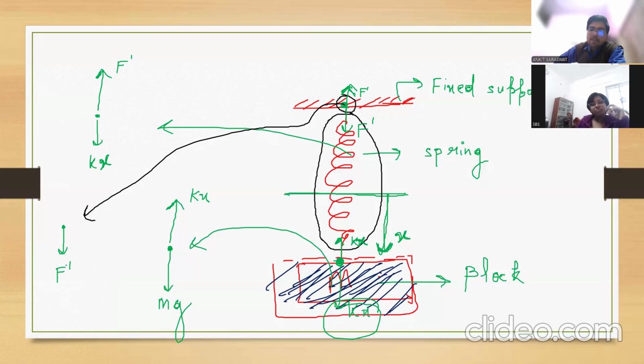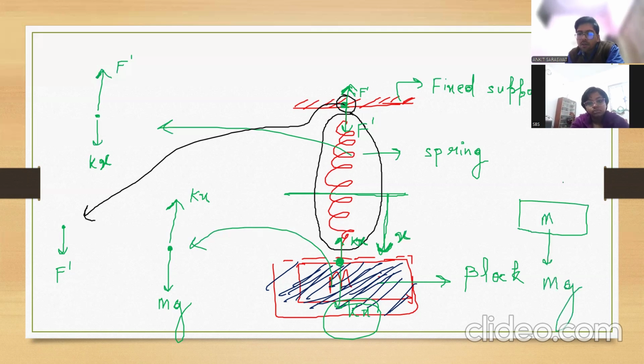This is what I am doing every time. Whenever you draw a free body diagram, always remember one concept: for every action there is an equal and opposite reaction. That's how I found the directions. In the case of the block, mg is down, and because of this mg the spring extends and spring force is up.